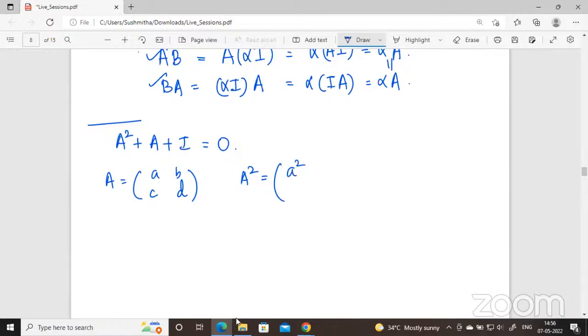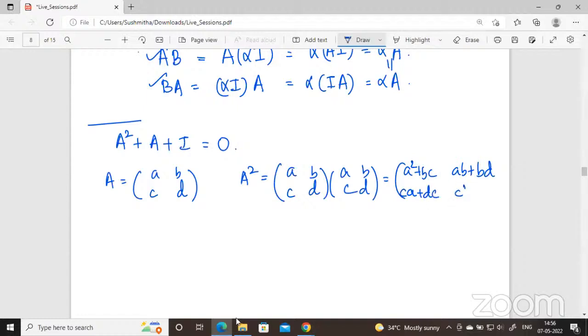It is a squared plus bc, then b into (a plus d), then c into (a plus d), then bc plus d squared. I'll write it down so that we can multiply.